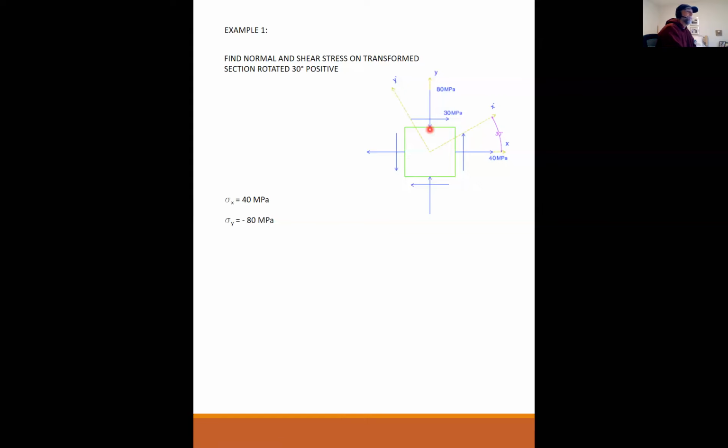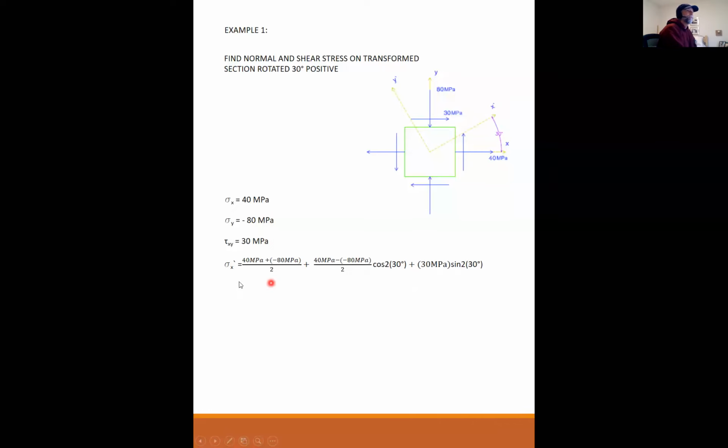Compression is negative. So you have to catch this. I didn't put minus 80 up here. You have to catch that if it is compressing the element, that is a negative stress. And again, tau, if it's going on the x normal, going in the vertical or positive y direction, then that is a positive shearing stress. So the 30 in this case is positive.